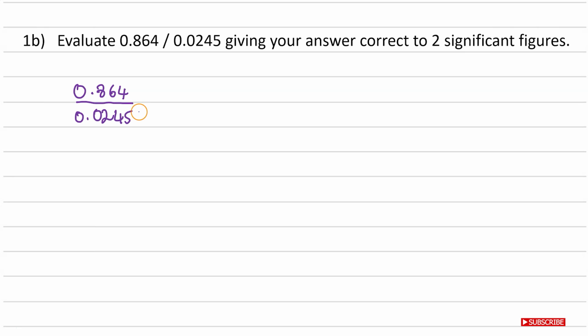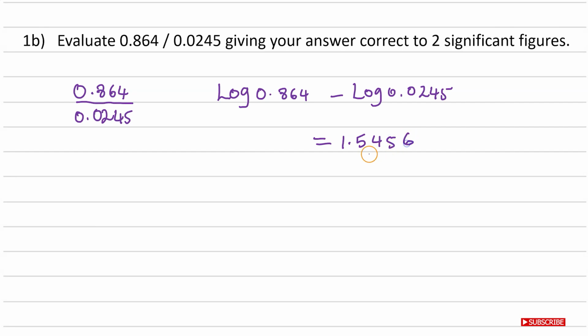Remember the log law: if you are dividing, we subtract. Taking the logs, we have log of 0.864 minus log of 0.0245. If you work this out, you will get 1.5456.